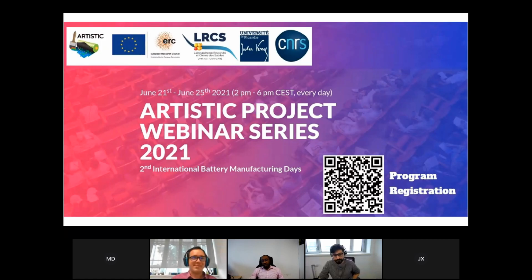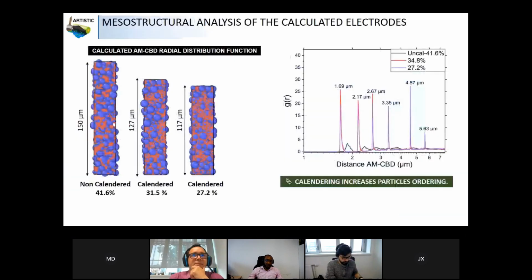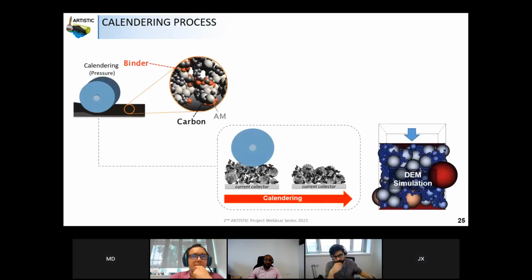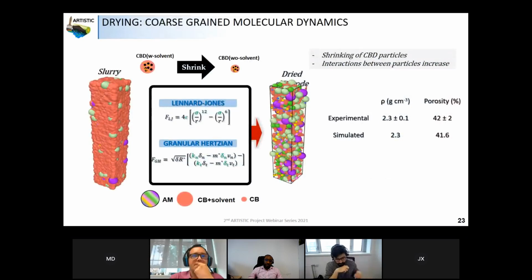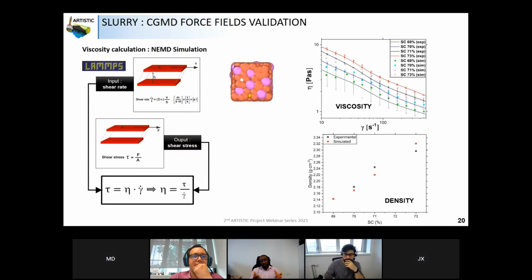Okay, thank you for the question. Yes, in our model and in the experimental part, for sure the amount of solvent will have an impact on, for example, the viscosity, as you can see here. When we make a fitting of the viscosity, here we perform simulation for different solid contents.